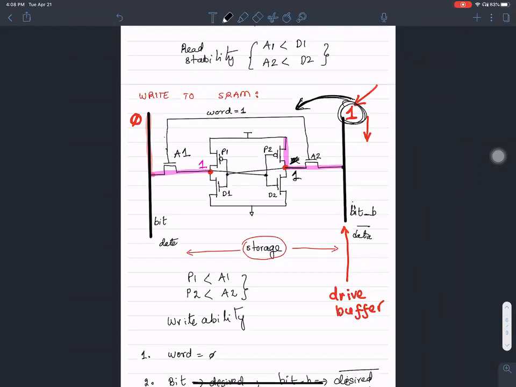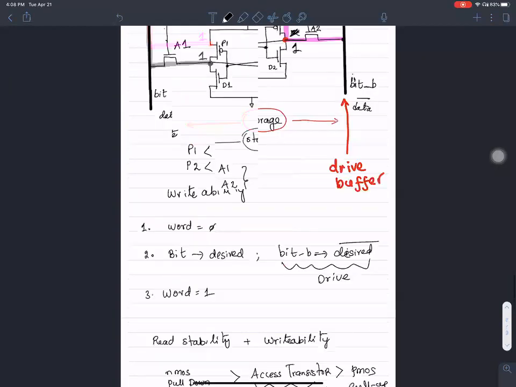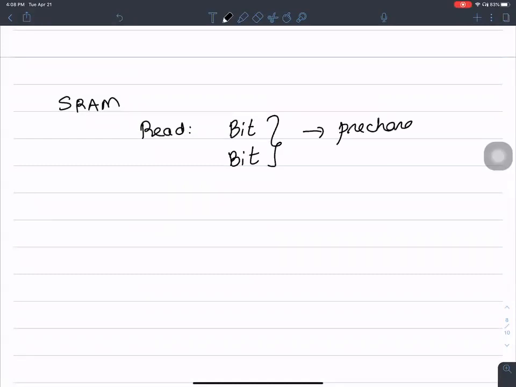Okay, so this is the idea of read and write operation. Let me summarize the SRAM. In a read operation, both bit and bit bar are pre-charged to 1 and left floating.